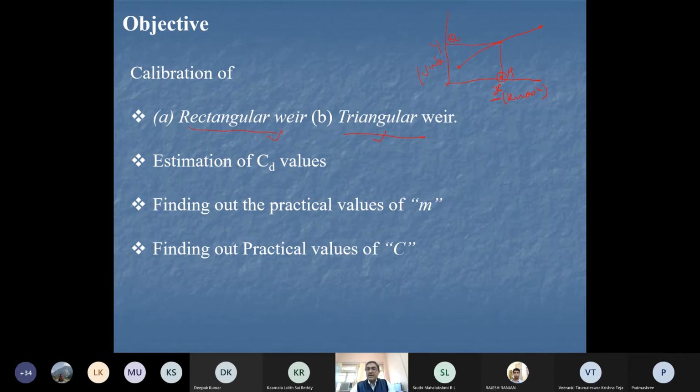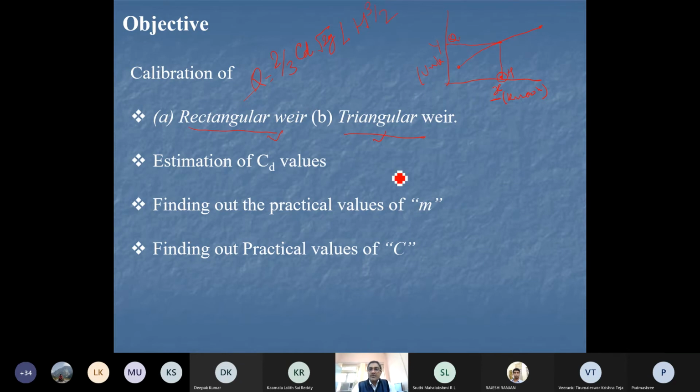If you recall the theoretical equation we have learned, say for rectangular, discharge is equal to 2/3 or 3/2, Cd root 2g L H. How much? Anybody? 3/2.